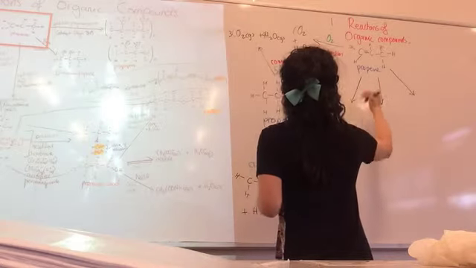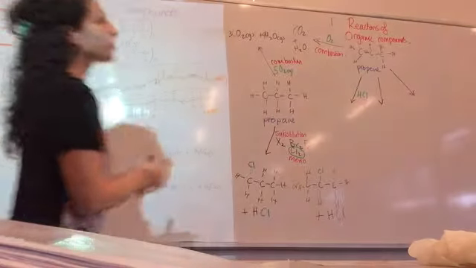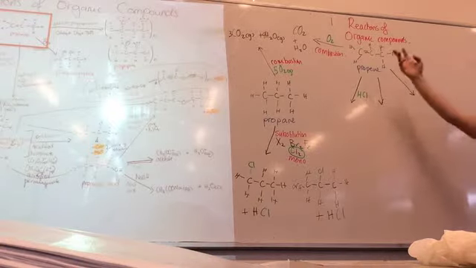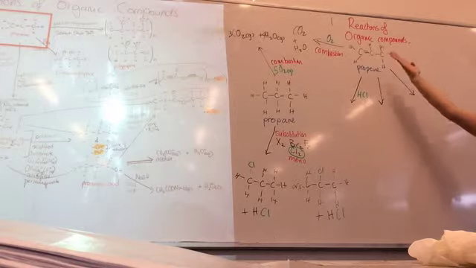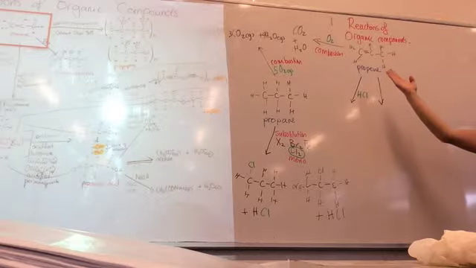Okay. So, let's say that we add HCl. What are the two possible products when we add HCl to propene? You can add your HCl. What's the two possible products? There's just two types, the 1 chloro, 2 chloro.